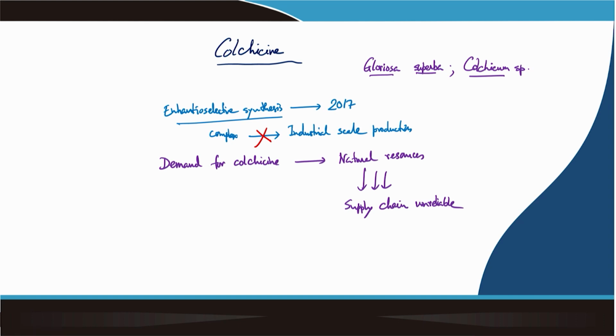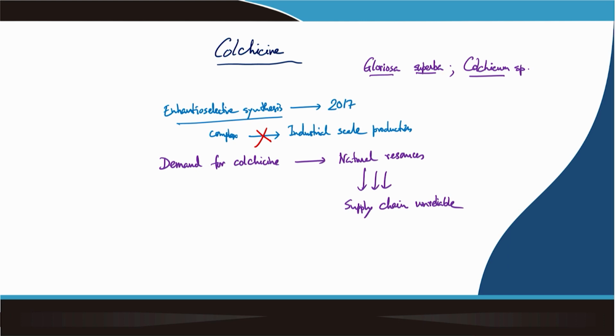So, there is a need for understanding colchicine biosynthesis, so that later molecular tools can be applied, leading to more production of colchicine in Colchicum autumnale or in Gloriosa or in some model plants. Also, maybe in future it is possible to produce colchicine de novo in another eukaryotic system such as yeast.